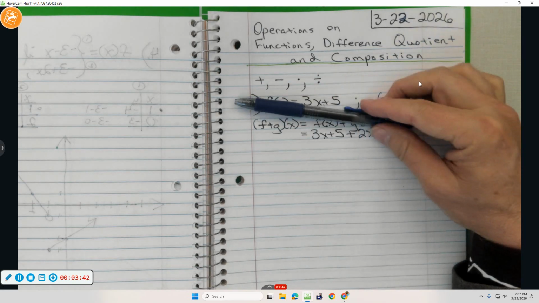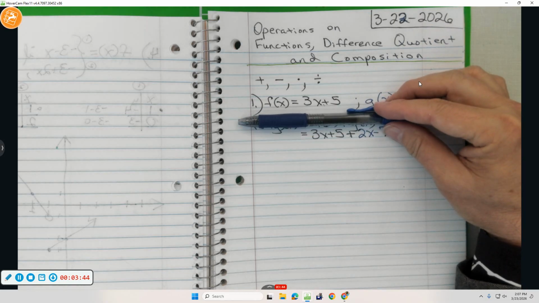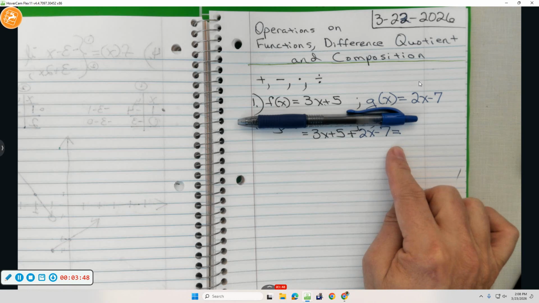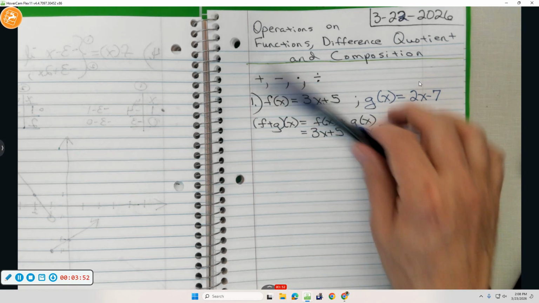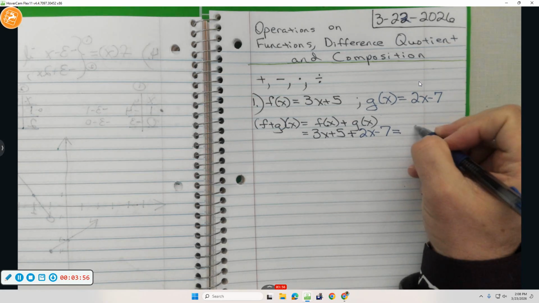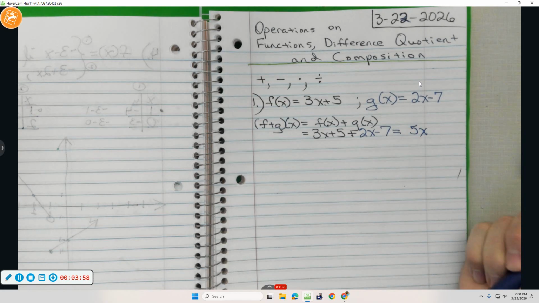If we didn't have this first line, if I had just written this down and said, let's perform this addition, well, you've got to combine like terms. 3x plus 2x gives you 5x. What's your constant term going to be?